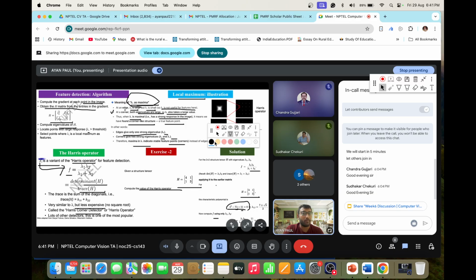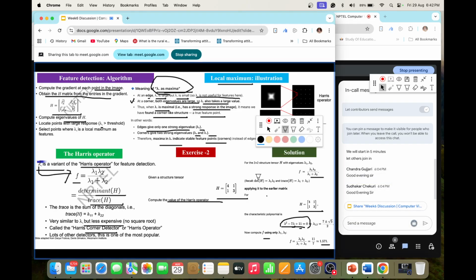Lambda 1 into lambda 2 will be equal to c by a, and lambda 1 plus lambda 2 will be equal to minus b by a, if our characteristic equation is ax square plus bx plus c equals 0. Even though you can calculate lambda 1 and lambda 2 separately, to simplify it, when a quotient comes with the Harris operator, you can very easily find lambda 1 into lambda 2 and lambda 1 plus lambda 2. That is how you can calculate the Harris operator.